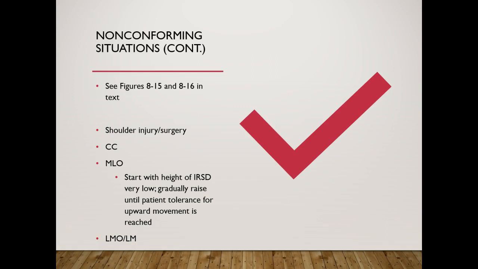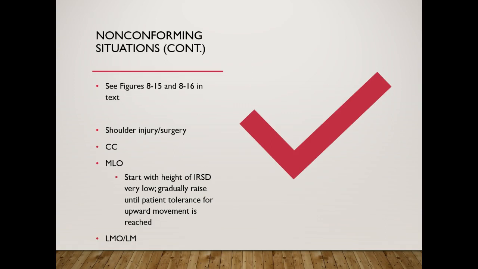There's also some non-conforming situations that could happen. For instance, you could have a patient who has a shoulder injury, or they're post-surgery, or for whatever reason, they don't have the range of motion in their shoulder, so they can't really get the arm up like you would like them to, or move their shoulder out of the way.